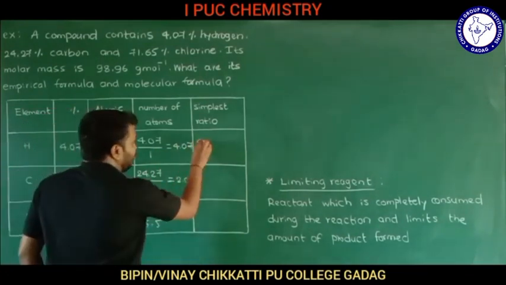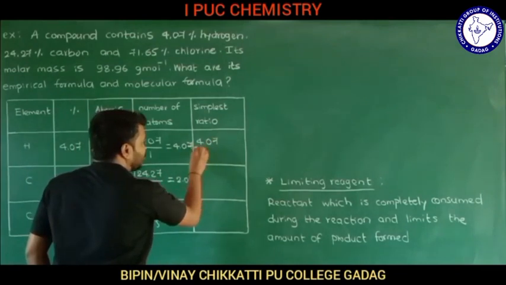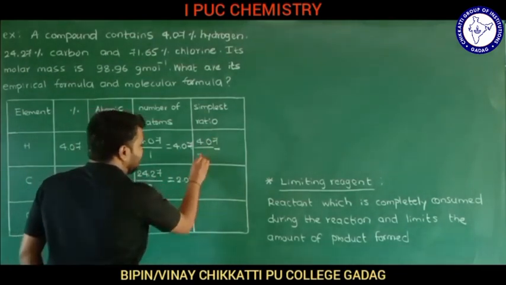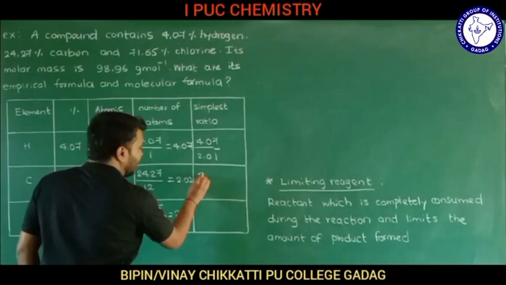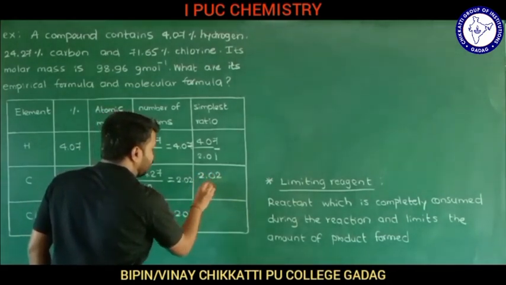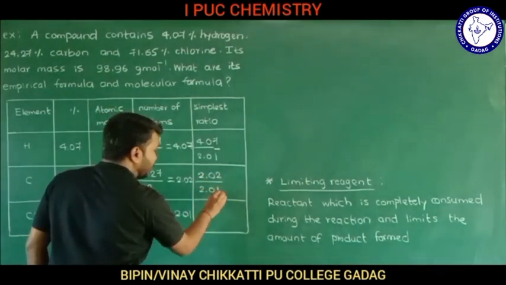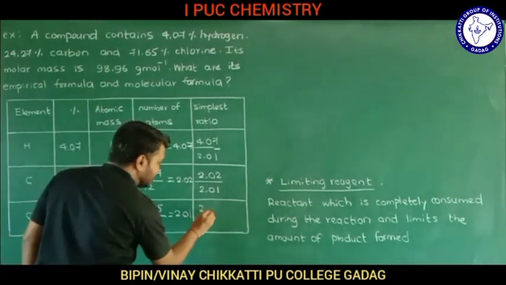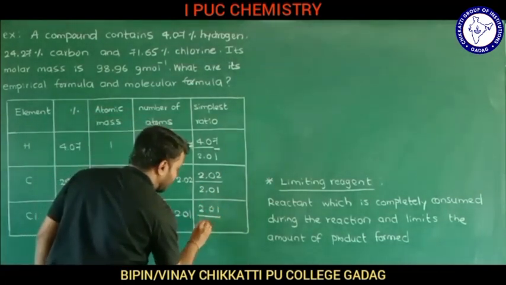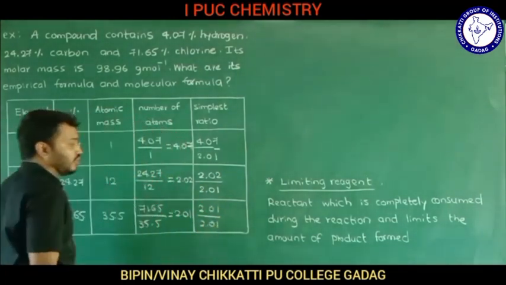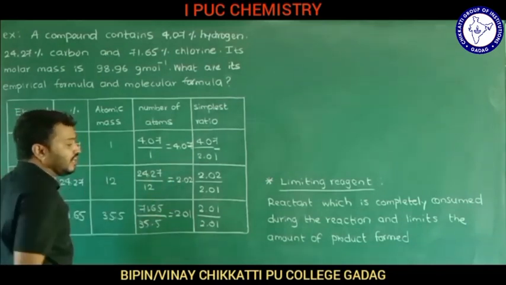So what we have here? We have 4.07 divided by the least, 2.01. Similarly 2.02 divided by the least, 2.01. And here the last one is 2.01 divided by what? Actually 2.01. Okay, the least number has to be divided in this case.